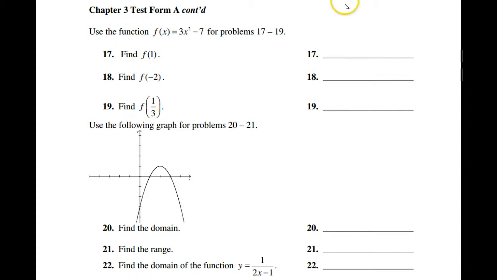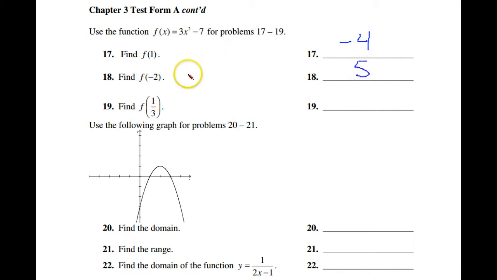Now remember, you could also put this in a little t-chart too. And for this one now, it'll be a negative 2. Well, a negative 2 squared is a positive 4. 4 times 3 is 12. 12 minus 7 is 5.